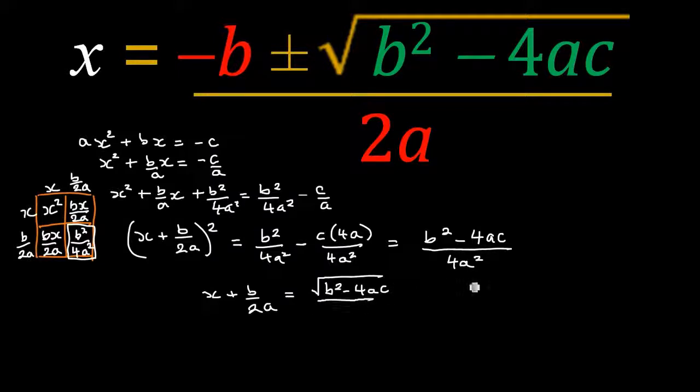Now, if I square root the bottom term here, 4a squared, the 4 square rooted gives me 2, and a squared square rooted gives me just a. So I don't have to write the square root sign on the bottom, I just write 2a, because 2a squared is 4a squared.